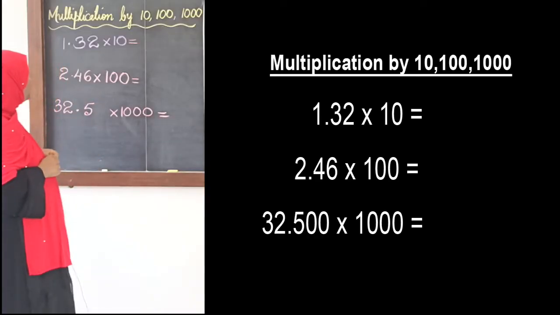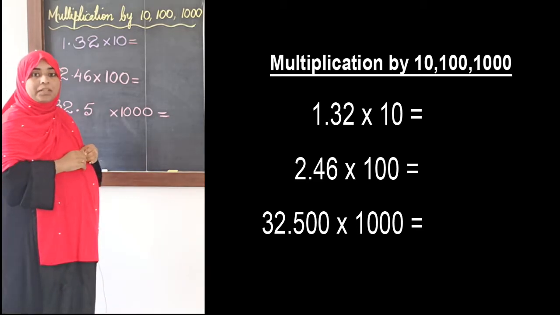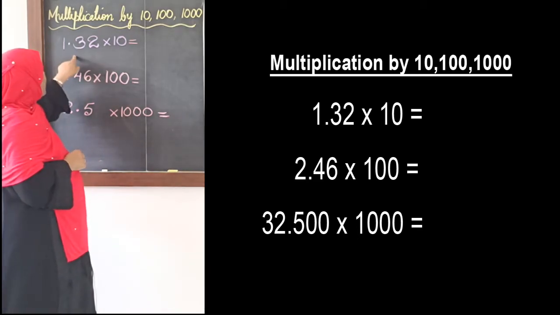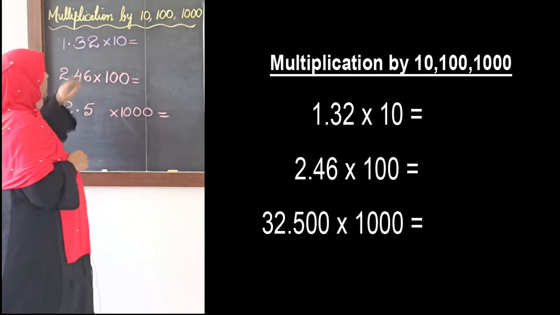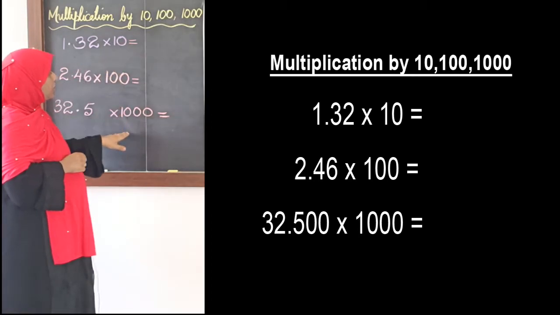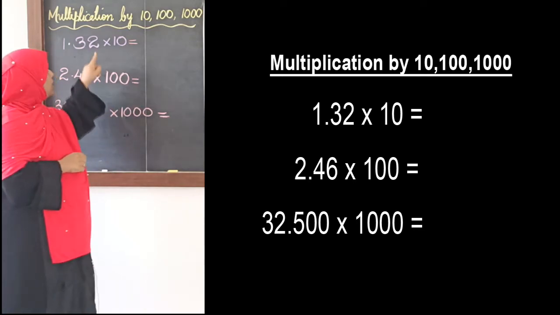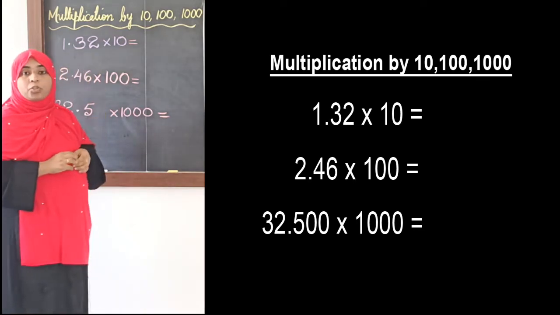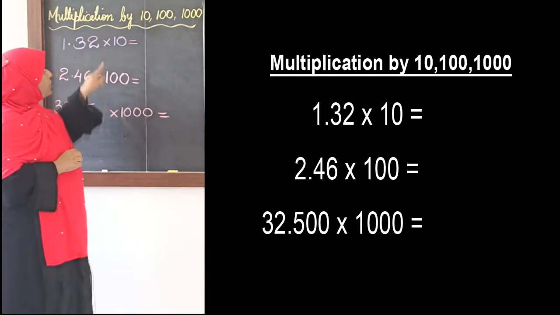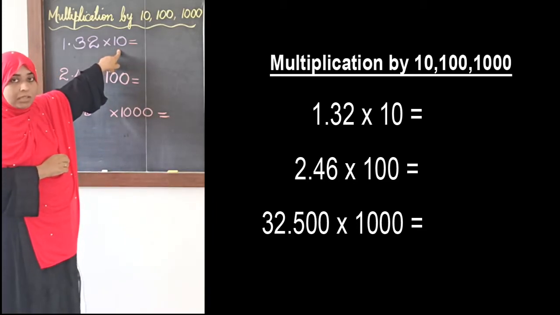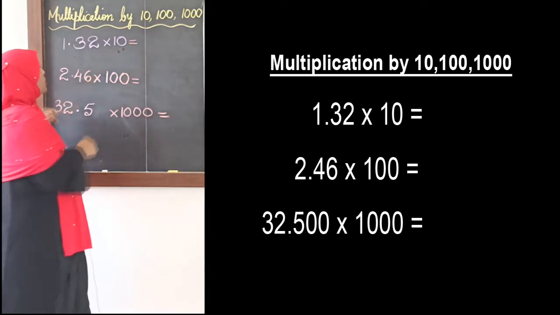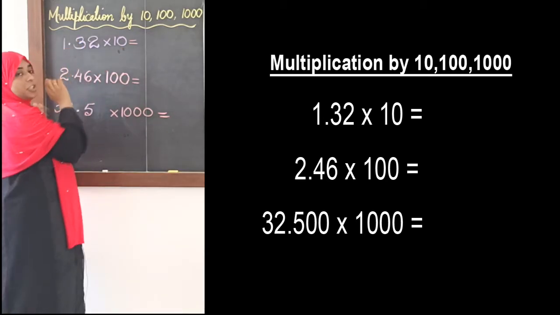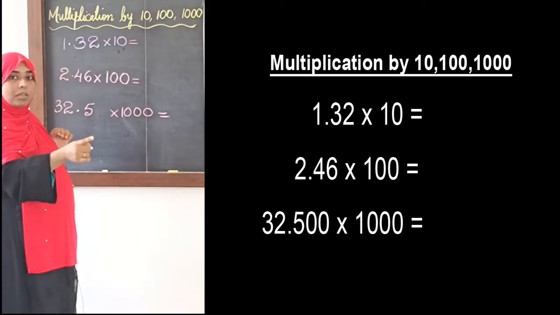First, we are going to do multiplication of the decimal number with 10. 1.32 into 10. Now, when we have a number like 10, 100 or 1000, we have to see how many places we are going to shift the point. When we multiply it with 10, there is 1 zero, right? In 10 we have 1 zero. So, the decimal point will shift one place to the right.